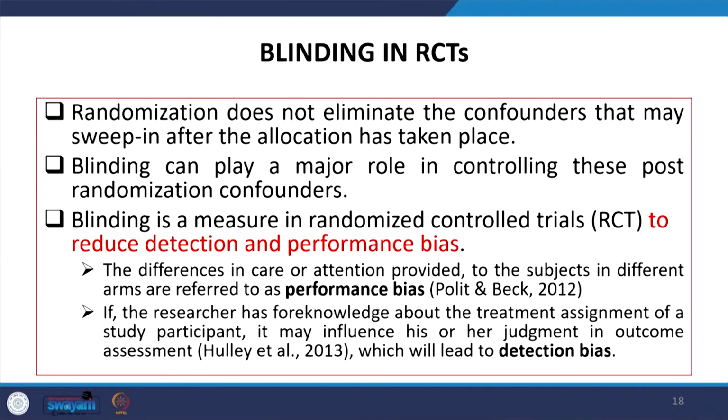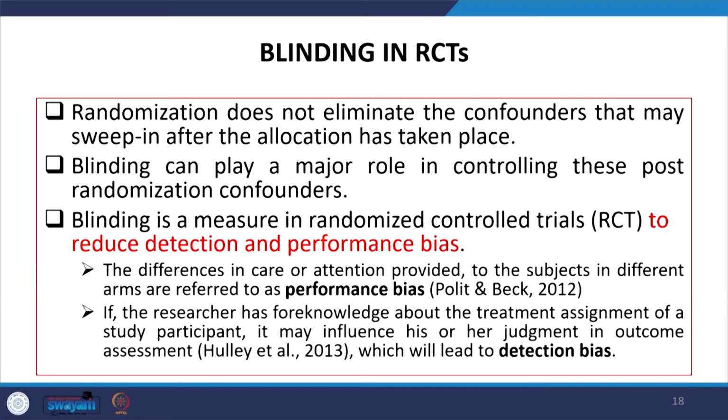Blinding can play a major role in controlling these post-randomization confounders. Even if you have done randomization with the assumption that there is no difference between these two groups, still the confounders, the control variables, might have actually had an impact. So, blinding plays an important role.